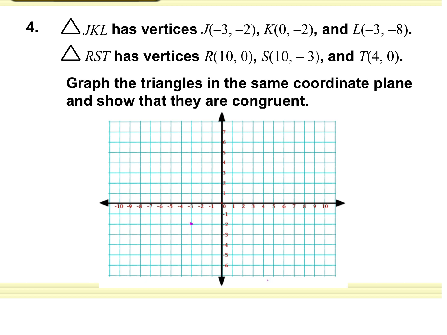If you don't know how to graph it, I'm graphing it: -3, 6, 7, 8. And I'm labeling J, K, L. And then I have 10, -3, R, S, T.